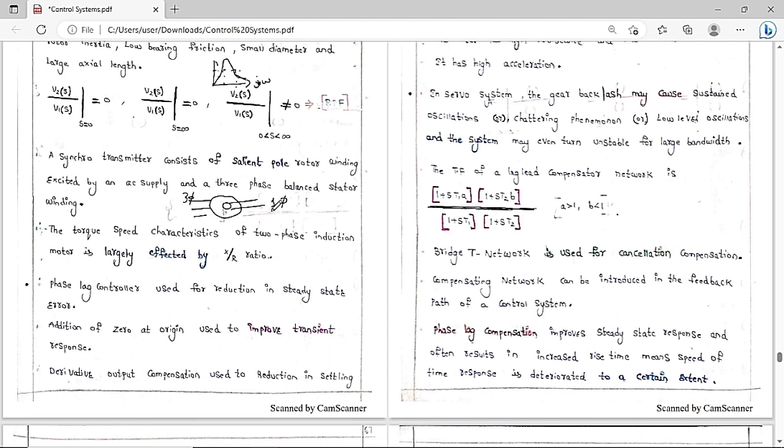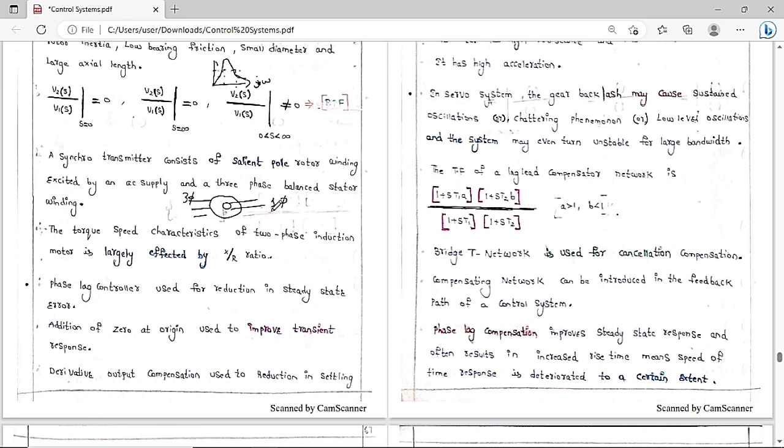So this is the case always you have to keep in your mind.